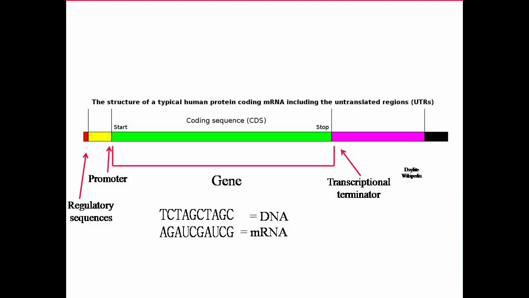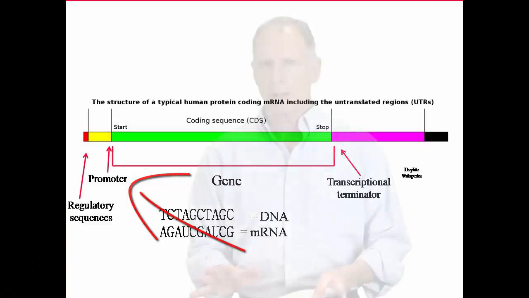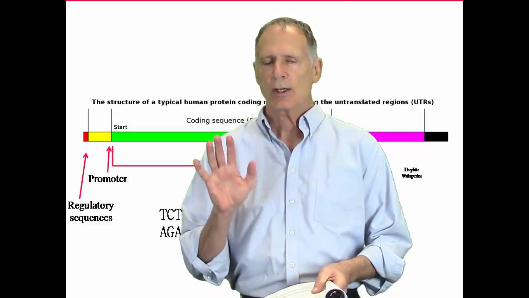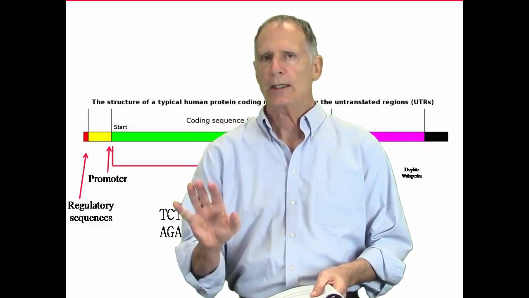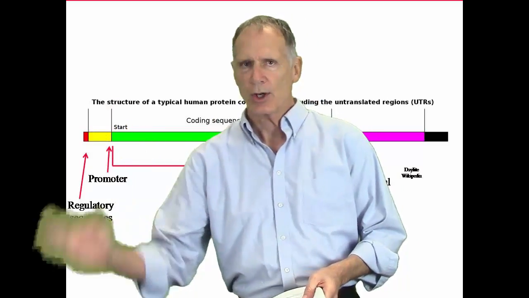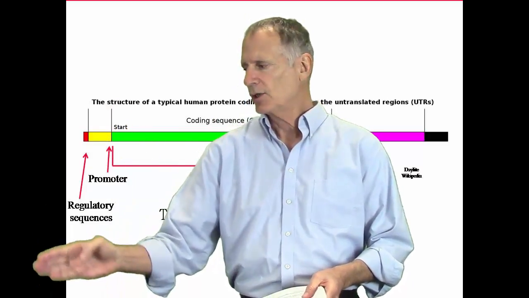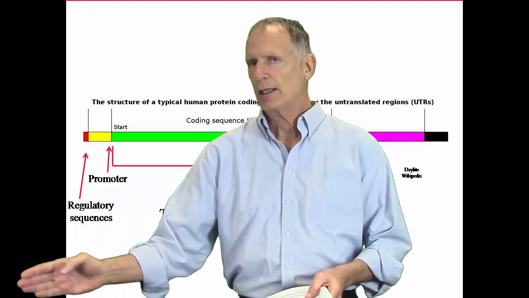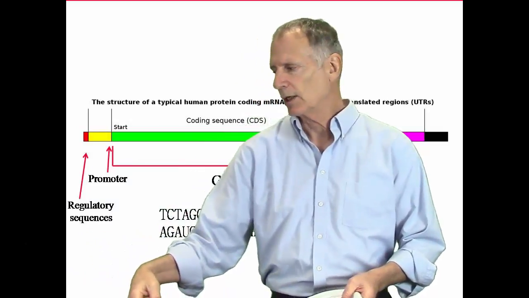So what happens is we have a promoter. You can see the promoter there at the beginning of the gene. So this tells the reading process that you're supposed to start here with the gene and then start coding it, taking the DNA and converting it into messenger RNA.